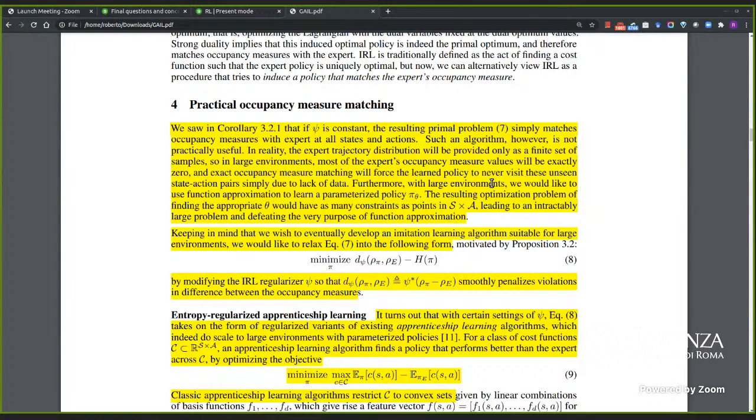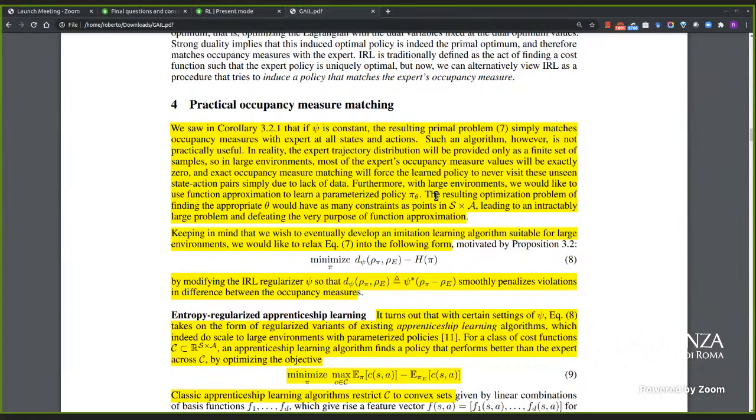And in that setting, you have an issue because you don't have the possibility of matching exactly this occupancy measure.